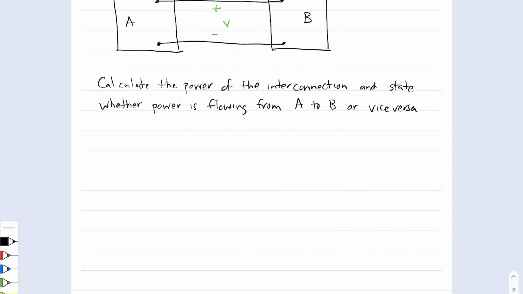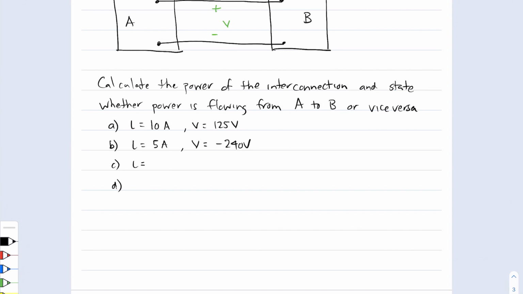And they give us what the measured voltages and currents are for four separate cases. For case A, the current is measured to be 10 amps, while the voltage is measured to be 125 volts. For case B, this is measured to be positive 5 amps, while the voltage is measured to be minus 240 volts.